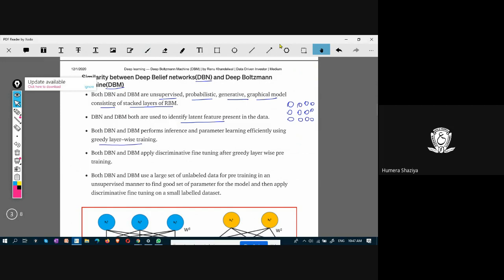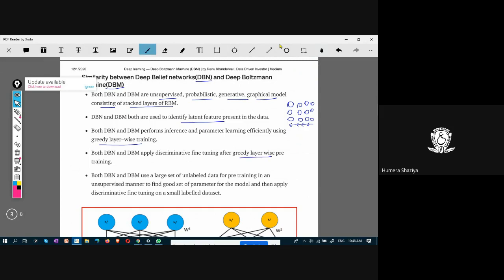Training the entire model at once means going from the output layer back to its preceding layer, then back to its preceding layer, like that until it reaches the input layer, and then updating the weights based on all the values. That is a one-time training.